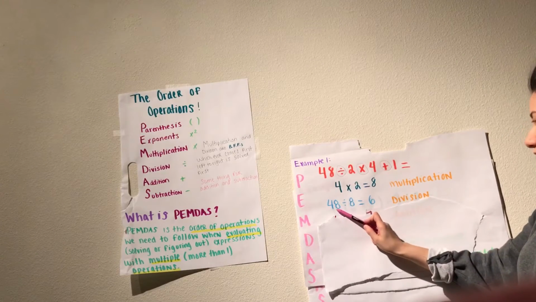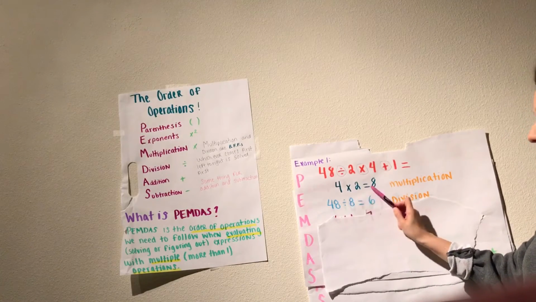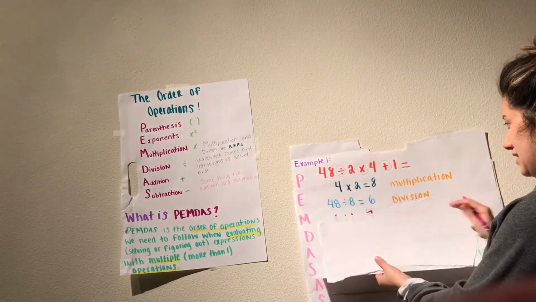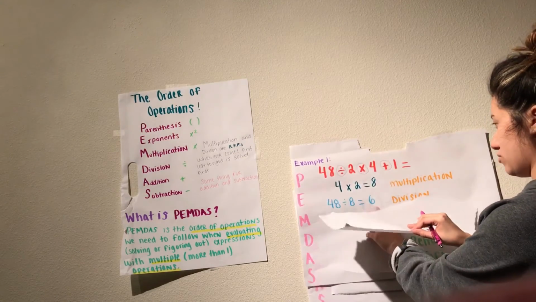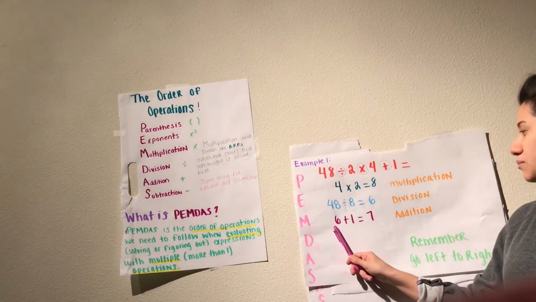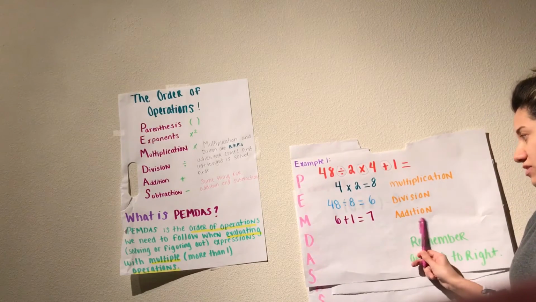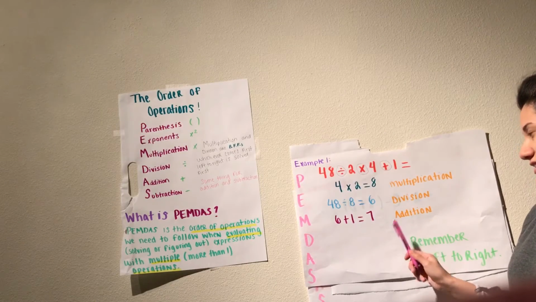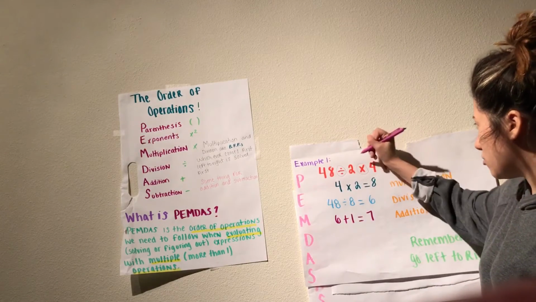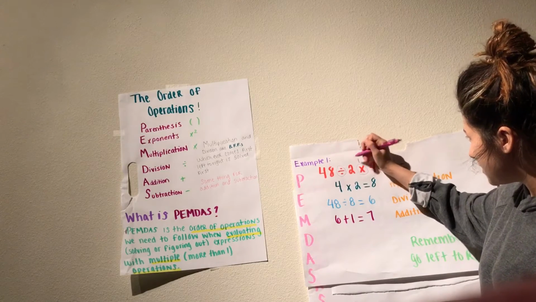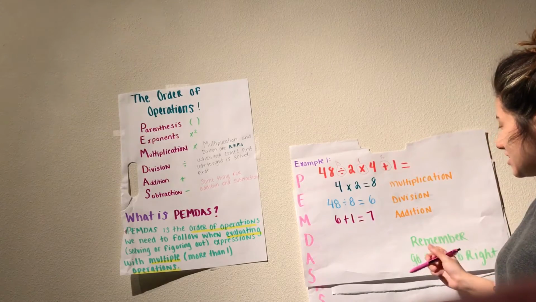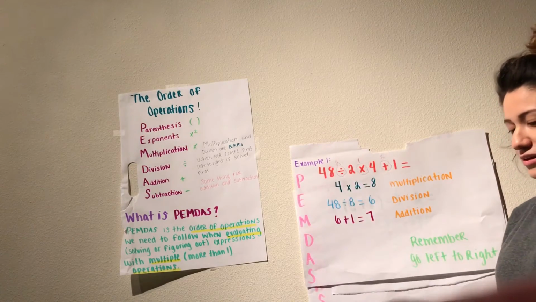So we have 48 divided by 8 is equal 6. And then our last step with addition is our 6 plus 1 equals 7. And that is going to be our last one. So in this example, multiplication was first, division was second, and addition was third, following that one.